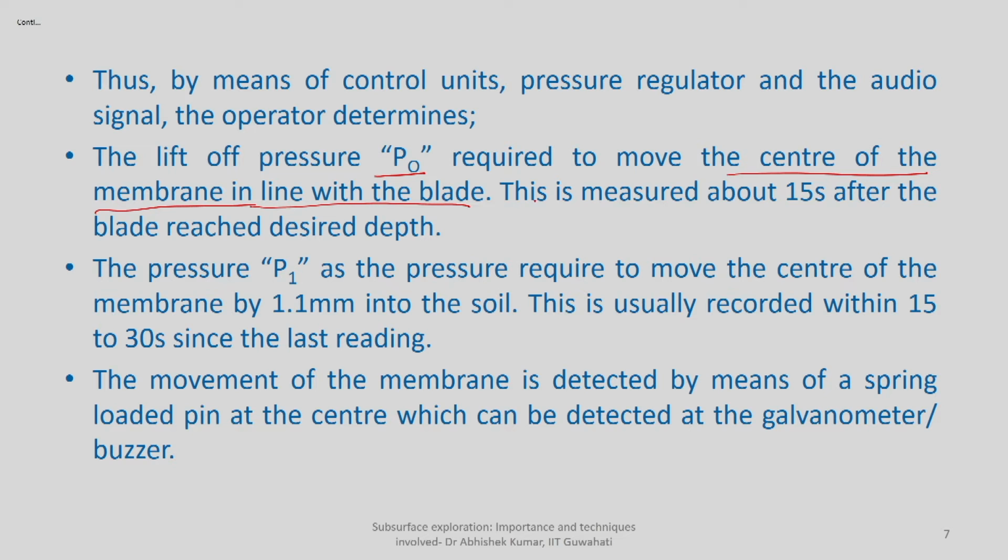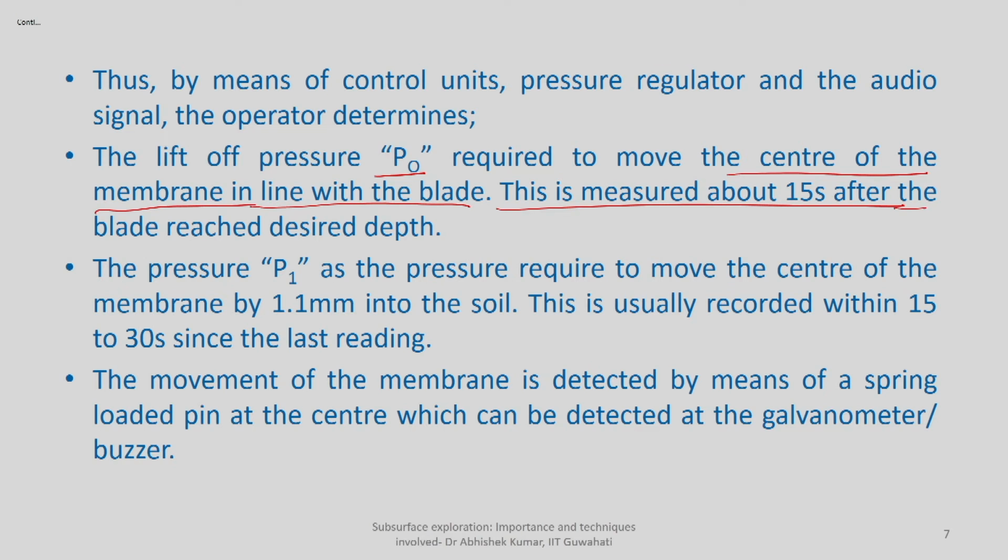This is measured about 15 seconds after the blade reaches a desired depth. Once you started lowering your dilatometer and it reaches a desired depth, you apply some suction pressure, because you have to bring the membrane in contact with the blade. You wait for 15 seconds and then measure how much is the minimum pressure required to bring the membrane in contact with, or in line with, the blade.